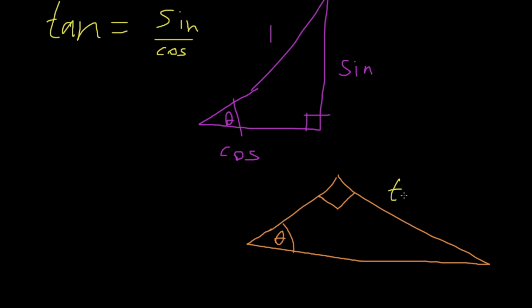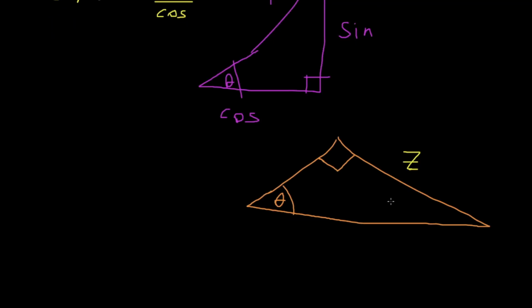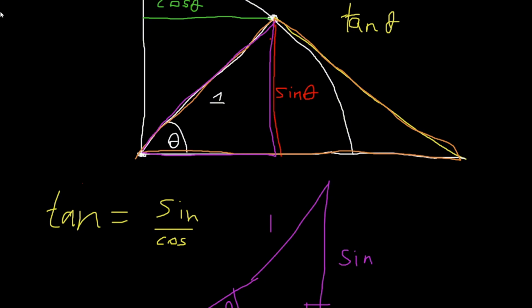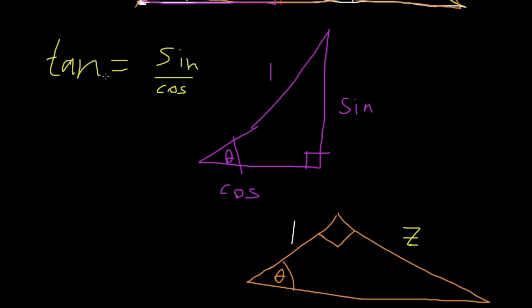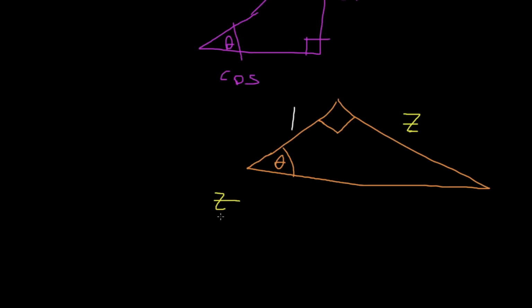So, as we know, this is tangent of theta. Maybe we'll use another letter to describe it. Let's call it z, right? So, oh yeah, and we also know that, remember, our radius of the unit circle is 1, so that's going to be 1. So it's z over 1, right? That is kind of equal to the opposite over the adjacent right here, right?